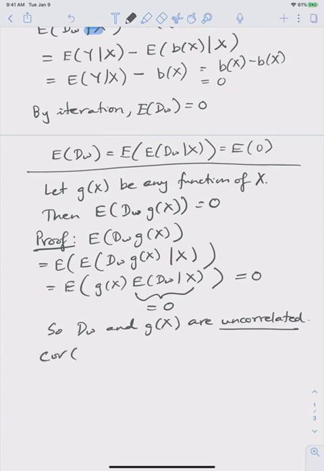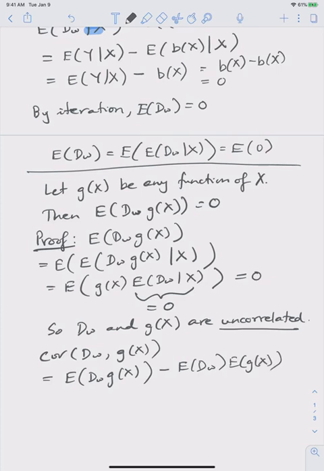So covariance, since we've calculated the expected product, we just showed that is 0.